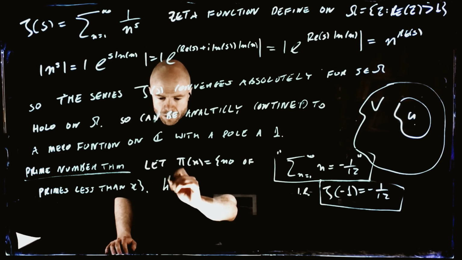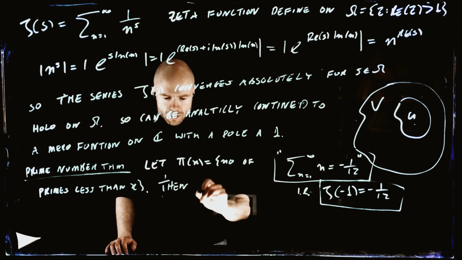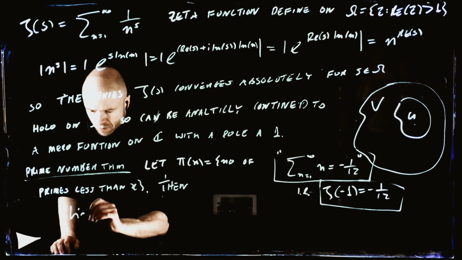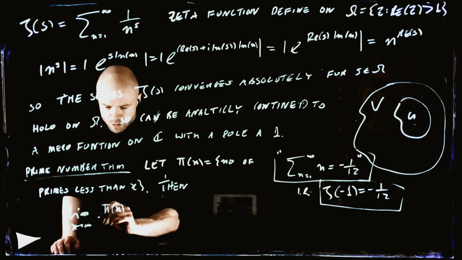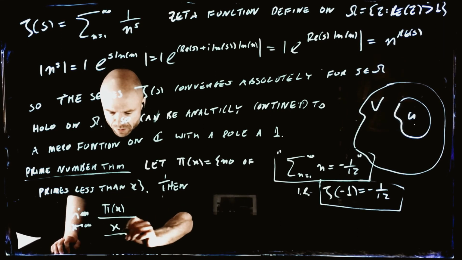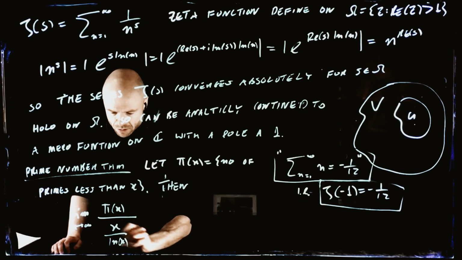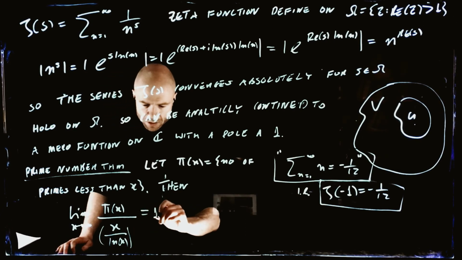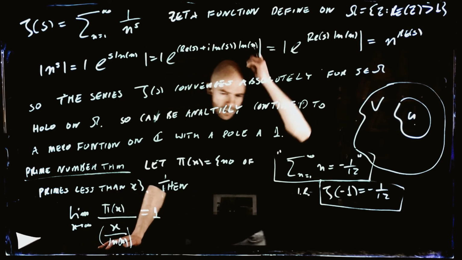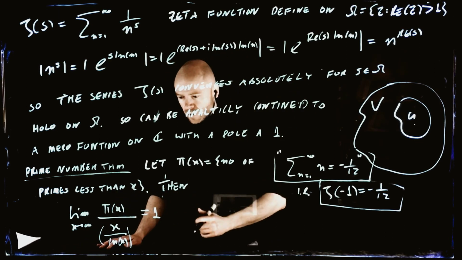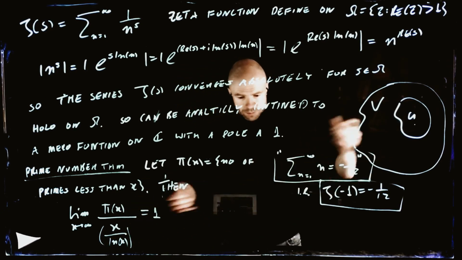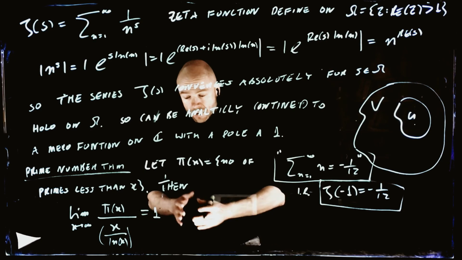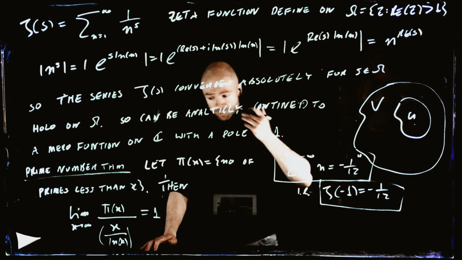Then the limit as x tends to infinity of pi of x over x divided by natural log of x is equal to 1. So that means that the number of primes on the natural numbers is growing surprisingly fast.